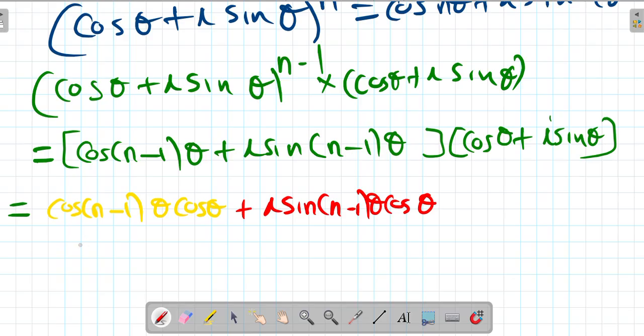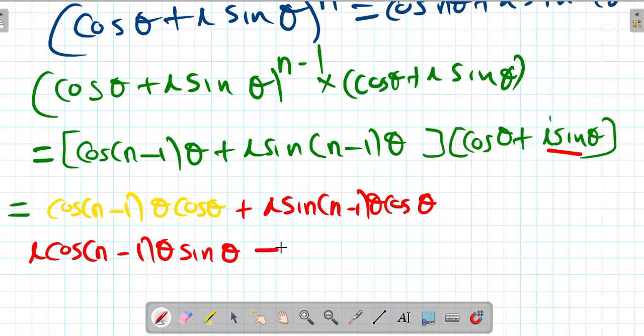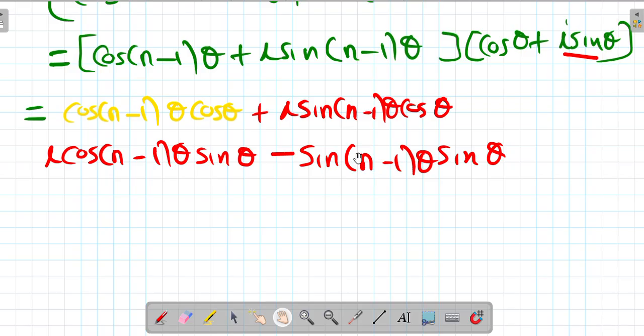Then the other terms: I'm going to multiply by this term throughout. So I'm going to have cos (n minus 1) theta, with the i here, and sine theta here. Then I also have i multiplied by i, which will be negative, so I'm going to have sine (n minus 1) theta sine theta. Alright, and once we have this right hand side, we can now group the imaginary terms together and the real terms together.